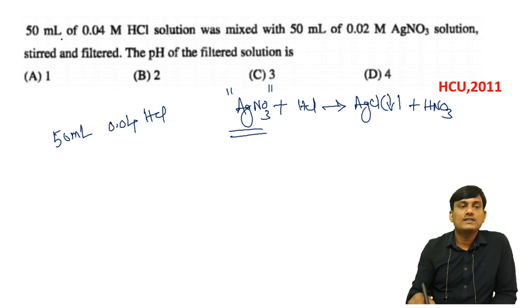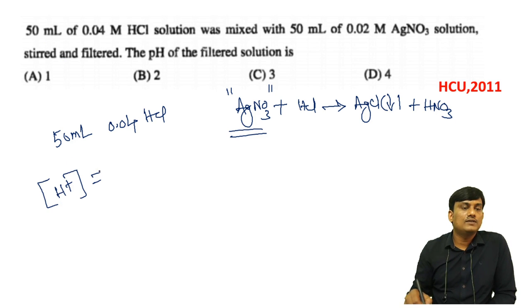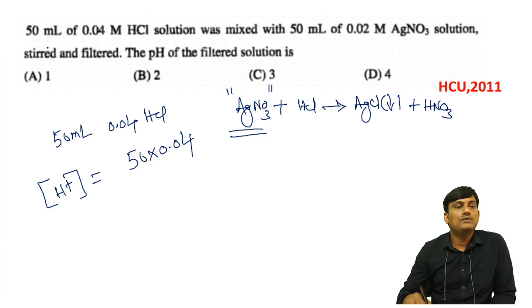So what is the pH? The concentration of H+ is equal to the concentration of HCl, that is 50 into 0.04, initially in 50 ml, but after addition of 50 ml of the other solution, the total volume will be 100.